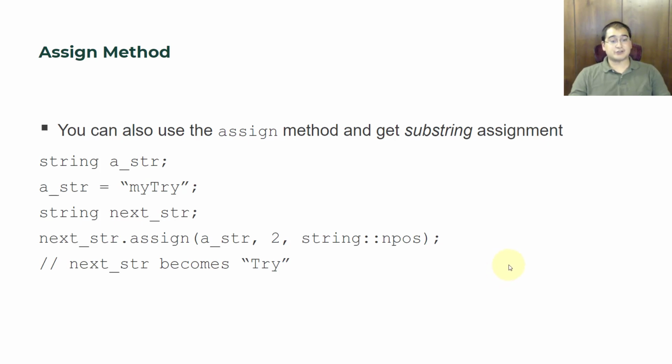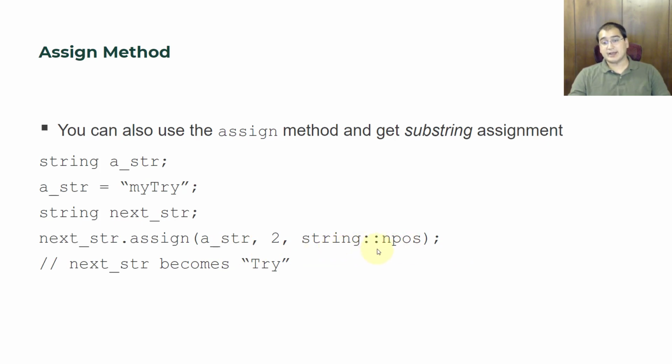Another way to change strings is to use the assign method. Let's walk through what's happening here. Here we're making an empty string called a string, and we're assigning to it this 5-letter string. Here we have a string called next string, which once again defaults to empty. And here we're assigning it a string starting at position 2 and going until the end of a string.